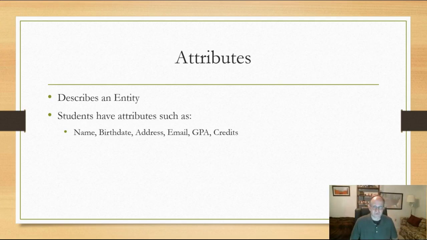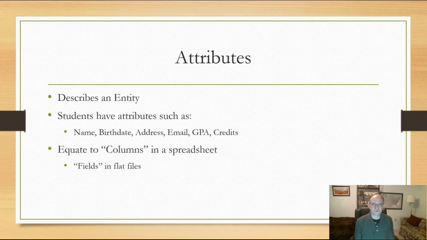Remember lesson 1 we talked about GPA? GPAs could be an attribute of a student. These are things that describe a student. So once we have a student entity, we would then know the student's birth date, maybe graduation date, address, email. We would know those things about the student.